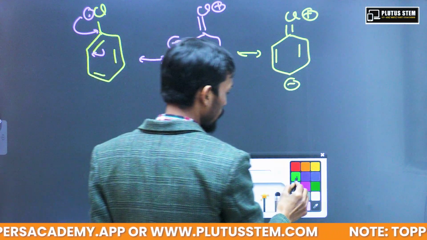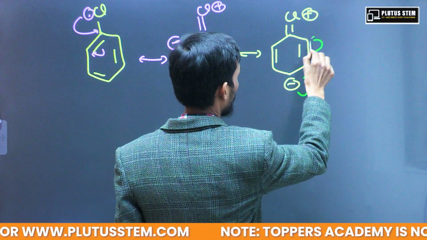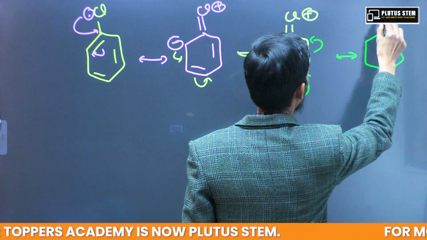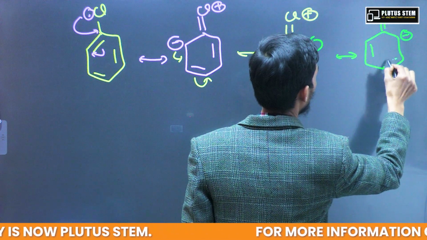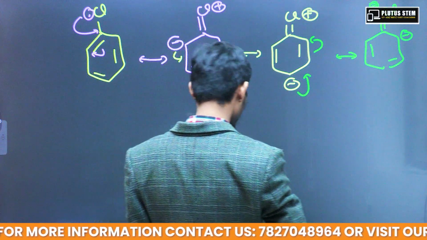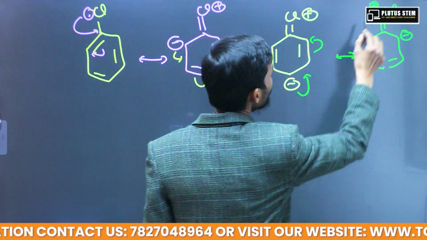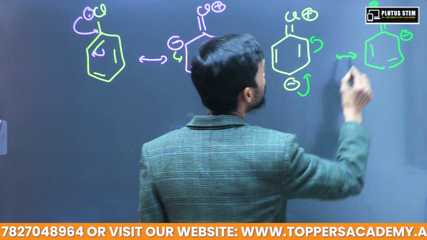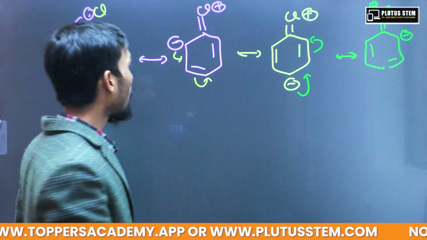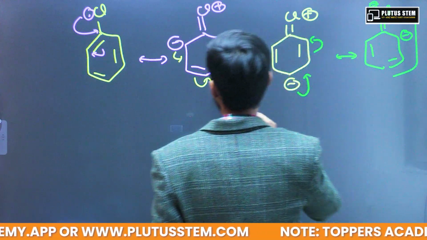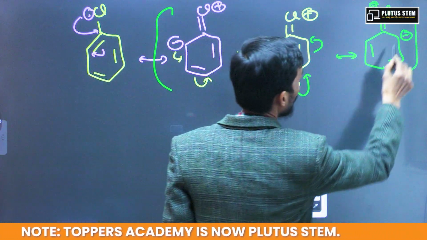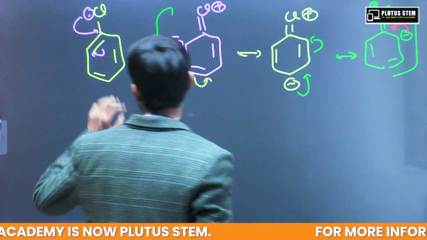Again over here, the movement of electrons takes place, with Cl positive. So these are the resonating structures we visualize over here, and after that it will come back and we get the initial structure like this.